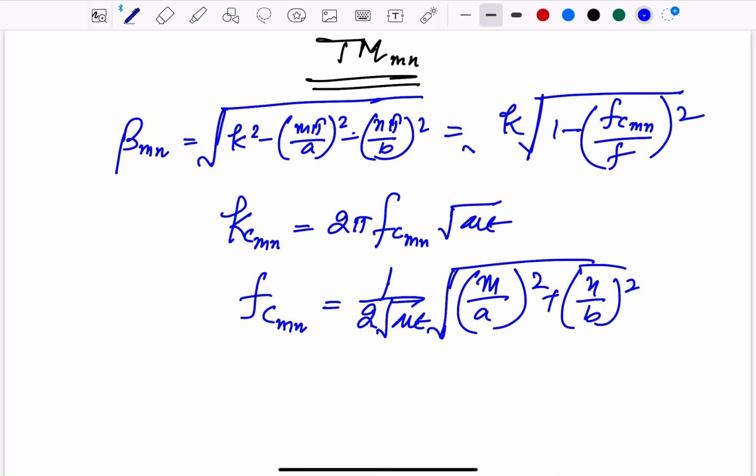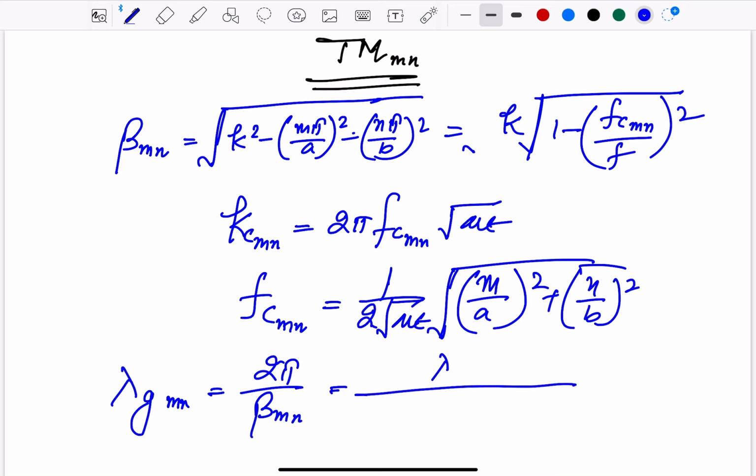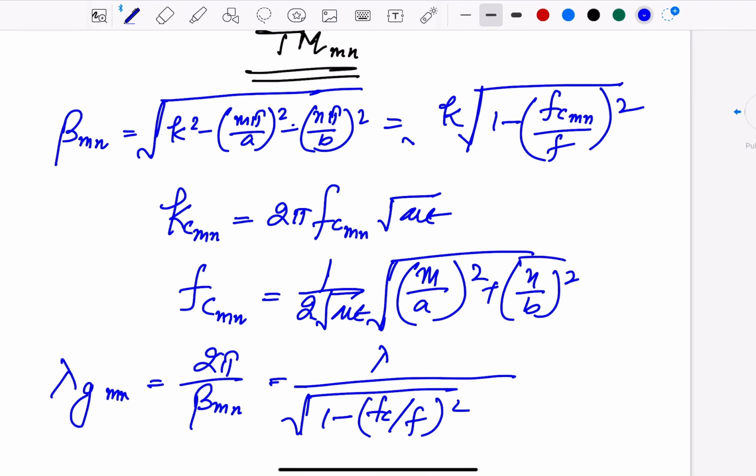What else? We are left with lambda g, guided wavelength mn, which is 2 pi by beta mn. So you can write like this: 1 minus (fc over f) whole square. So this is the phase constant, cutoff wave number, cutoff frequency, and the guided wavelength. Yes, the last one is the wave impedance.